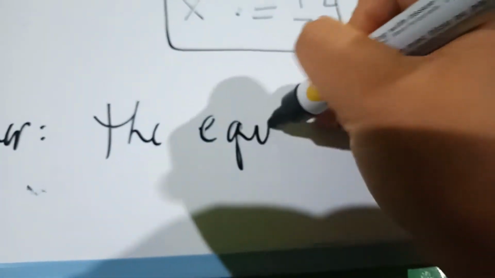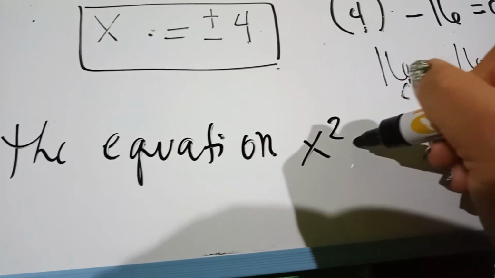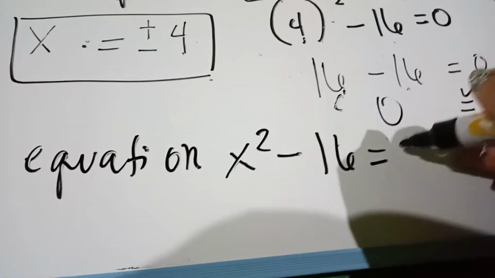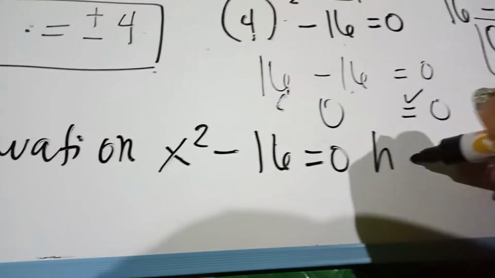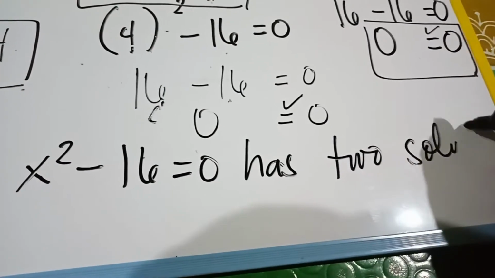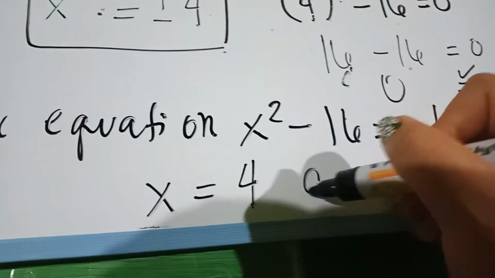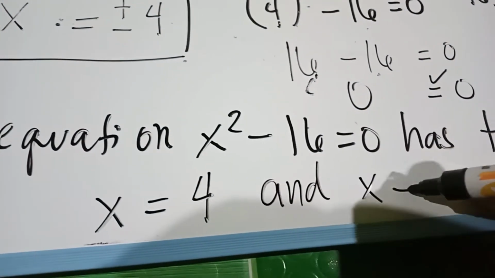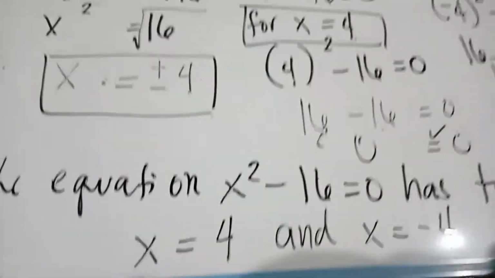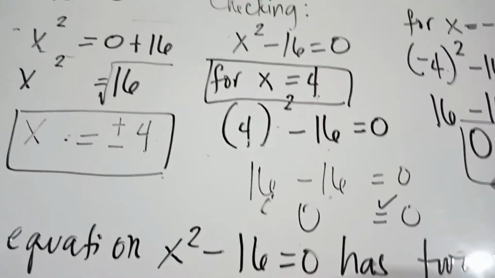The equation x squared minus 16 is equal to 0 has two solutions, which is x is equal to positive 4 and x is equal to negative 4. So, ilang solution ulit meron? Dalawa.